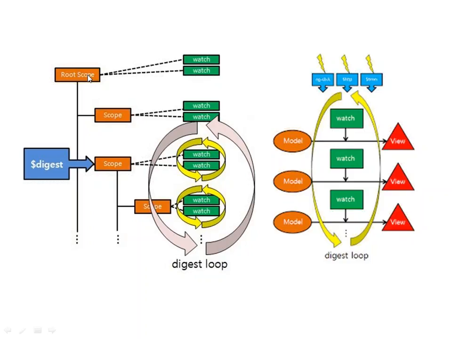In root scope also there may be some models, so watch is there, and then the child scope. Similarly, another child scope. So internally each has its own watch list. This entire cycle is called the digest loop. This is the digest loop within a particular scope, but the actual digest loop happens from the root scope. Getting me?